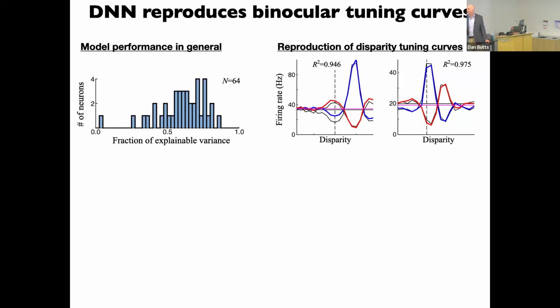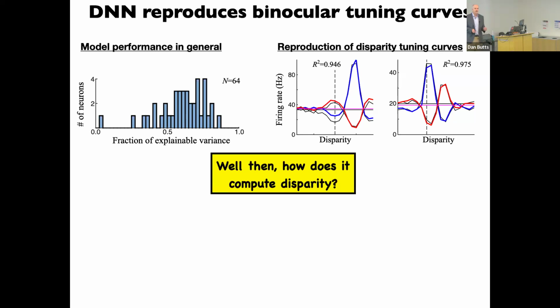I was super happy when I saw this. I was like, great, we've solved disparity tuning of V1. And my collaborator, Bruce, was like, okay, so how does it compute disparity? And that's exactly the problem of deep neural networks.